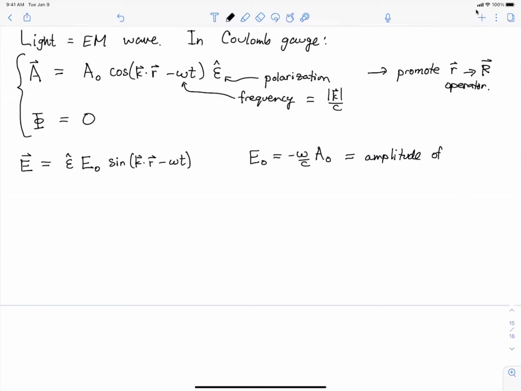So it's, in fact, the amplitude of the wave, of the electric field wave. And then the corresponding magnetic field is the direction of propagation k hat cross curly e hat. Same E0 amplitude, and in fact, the same sine factor.